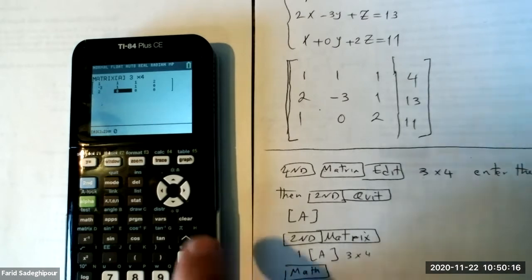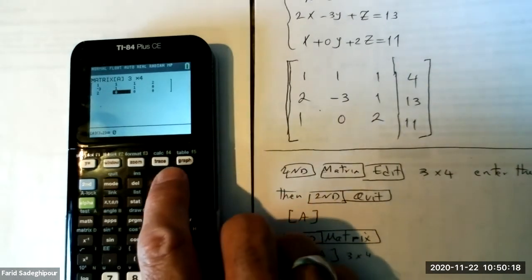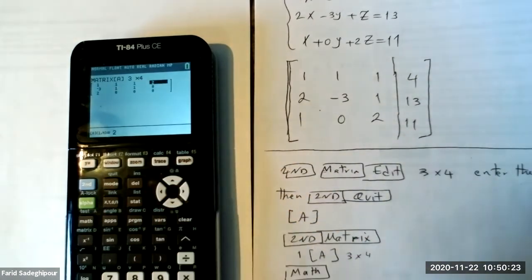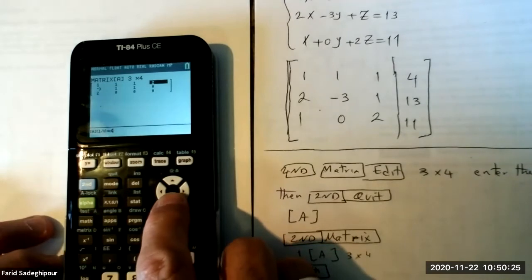Let me see if I have all the numbers correctly. This was 4.